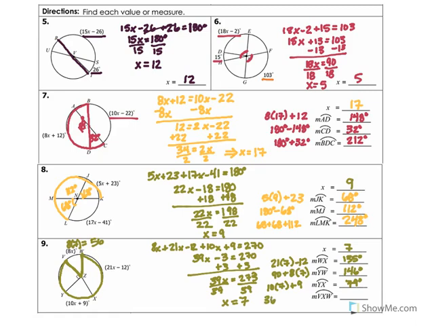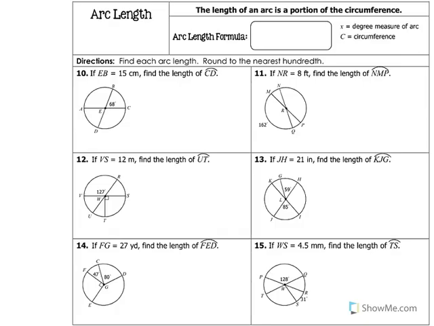So we just need to do 360 degrees minus 56 degrees, and we should get 304 degrees.